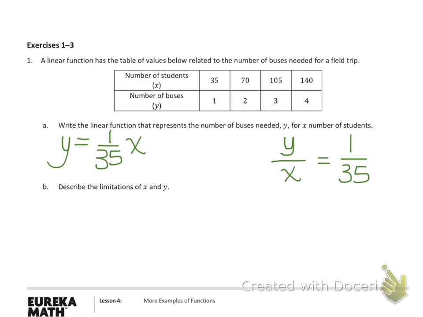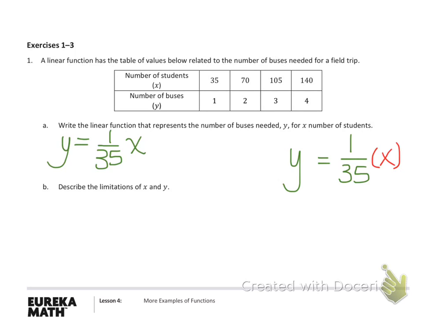And then by multiplying both sides by x, we get our function, because the x over x cancels to 1, and we get that y is equal to 1 over 35 times x.